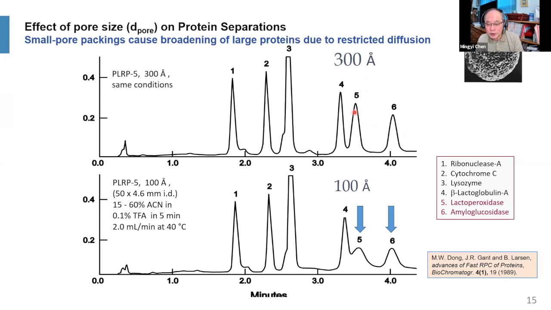It cannot get out, so it takes longer for it to diffuse out. So if you use a larger pore size, you have much better chromatography for the large protein, right? So by default, we use something much larger, particularly for glycoprotein, 300 angstrom to 1,000 angstrom to give us good chromatography performance.